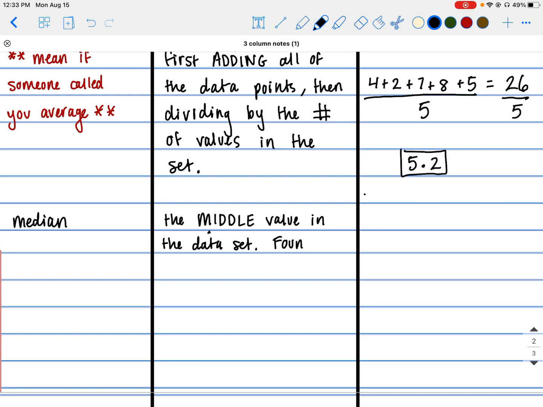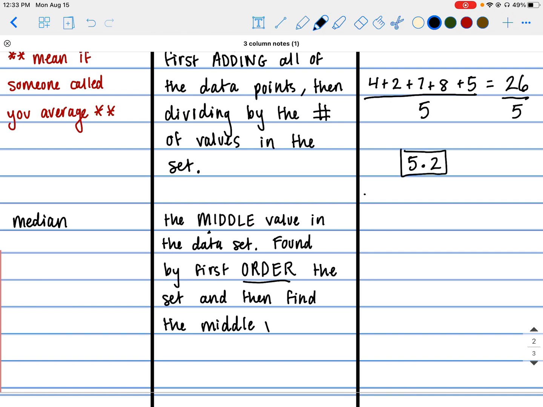That one is found by, this is really important, first, we have to order the set. This is the most common mistake with median. You have to first order the data set and then find the middle value. So it has to be the value directly in the middle.